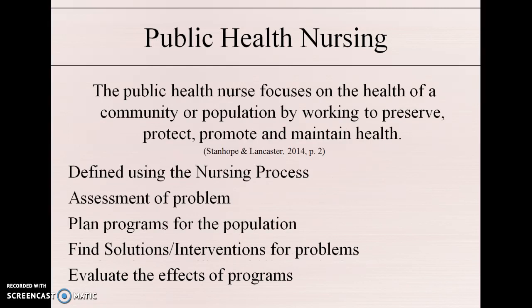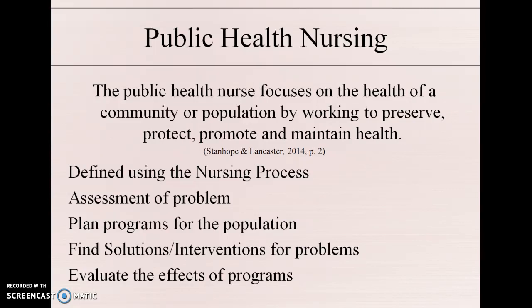So public health nursing is defined as the focus on the health of a community or population by working to preserve, protect, promote, and maintain health. We use the nursing process, which means that we assess, we plan, we implement, and then we evaluate our programs.